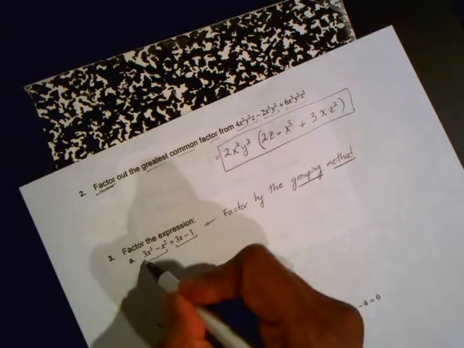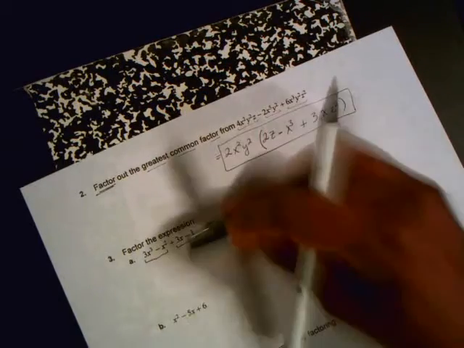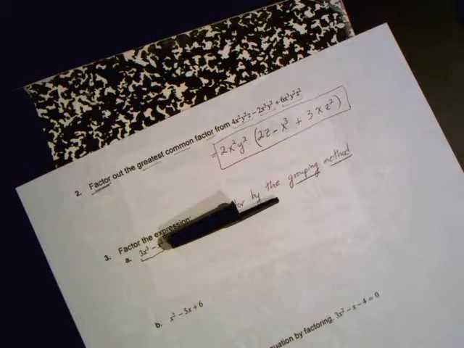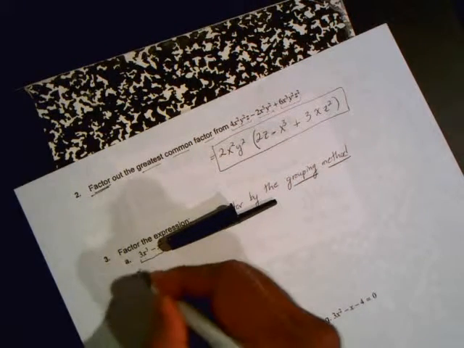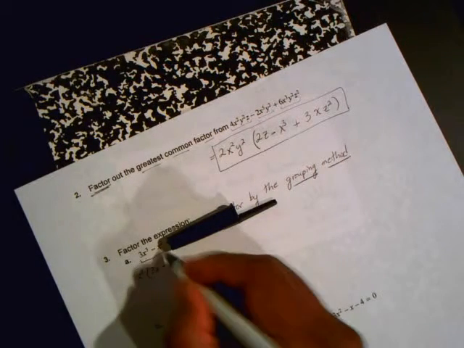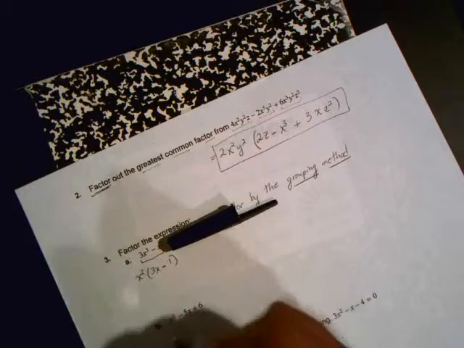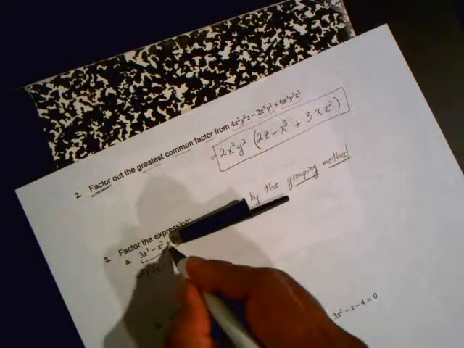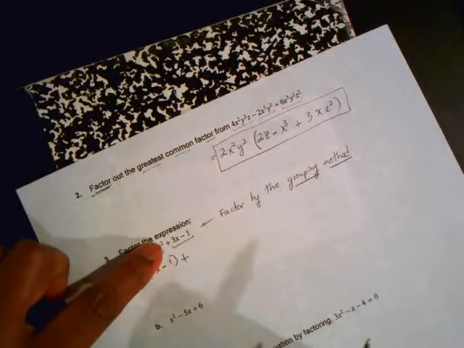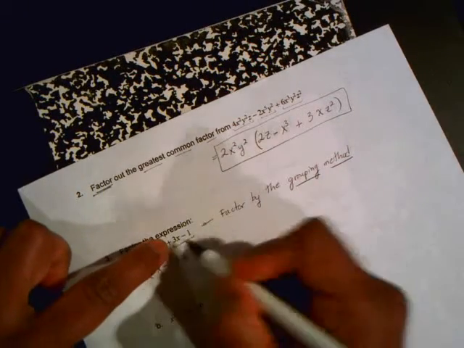Basically you split this into 2 groups. Now let's say we don't look at the second group. In the first group, what is the greatest common factor? It would be x squared. Take that out and you're left with 3x minus 1, because x squared times 1 is x squared. Now bring that positive sign down. Now let's ignore this portion, and there's nothing common between these 2 terms, so there's a 1 present.